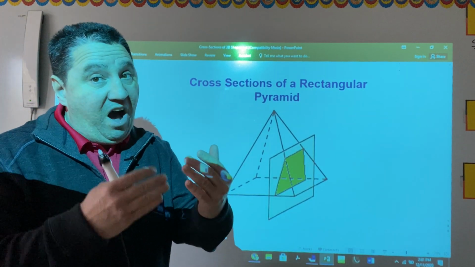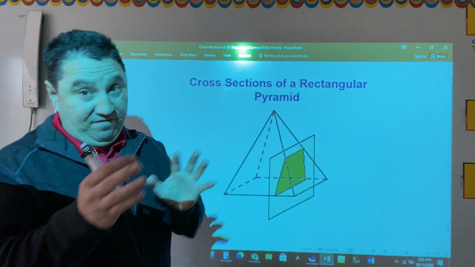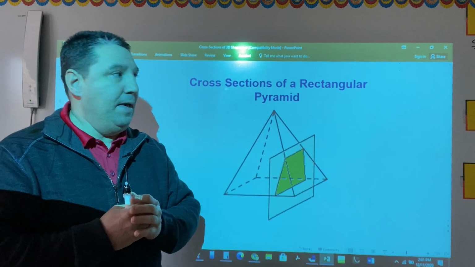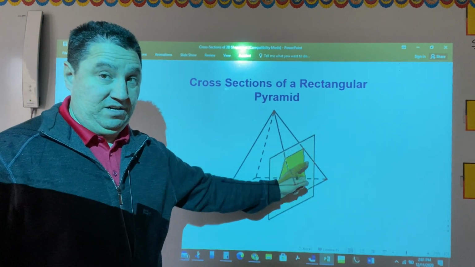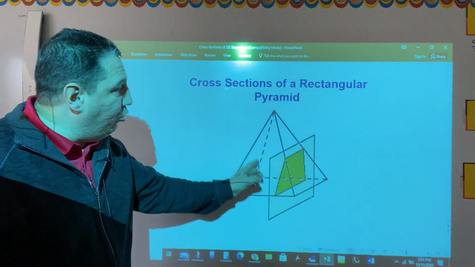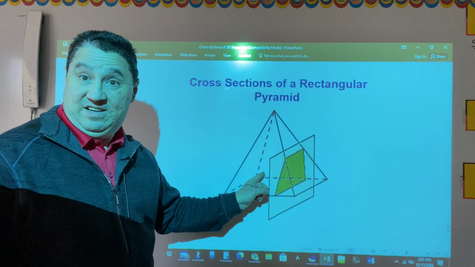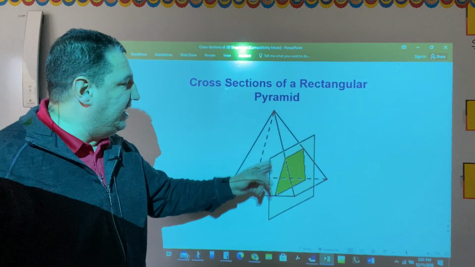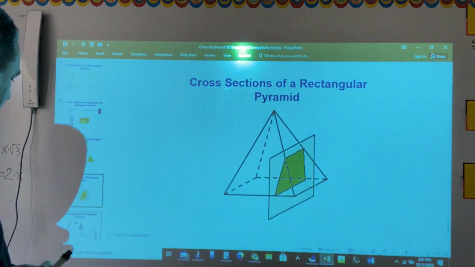So depending on how we make the cut, we may have different shapes. But remember, the number of sides of the cross section cannot exceed the number of faces of the solid, which is, in this case, 5. Good.